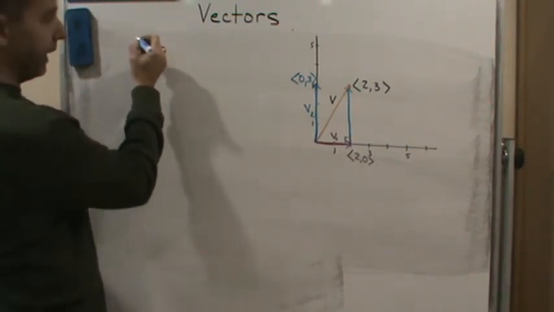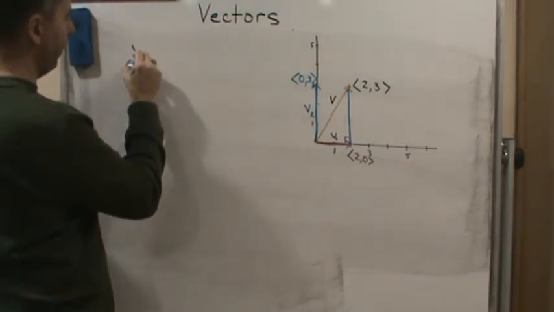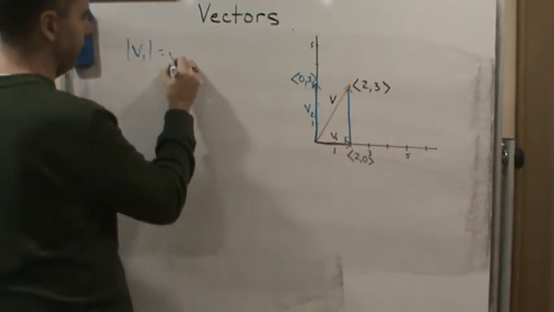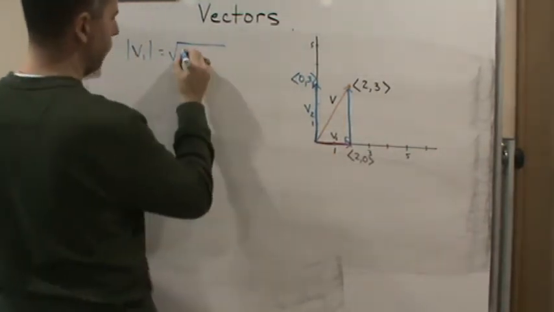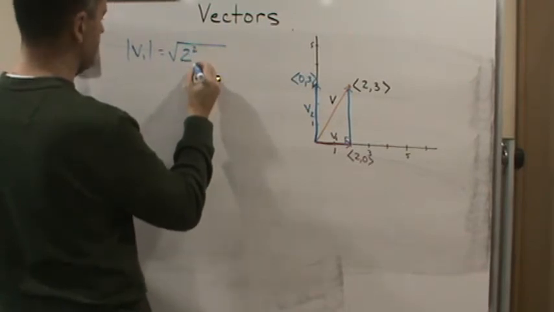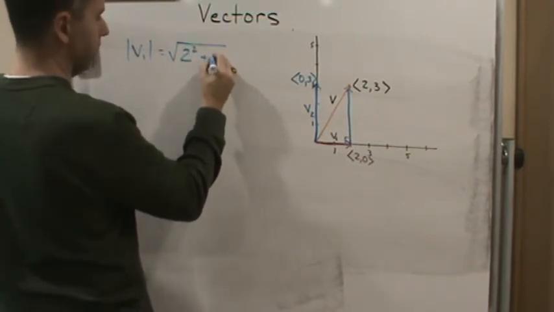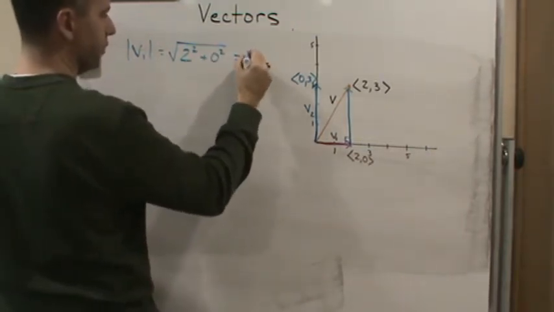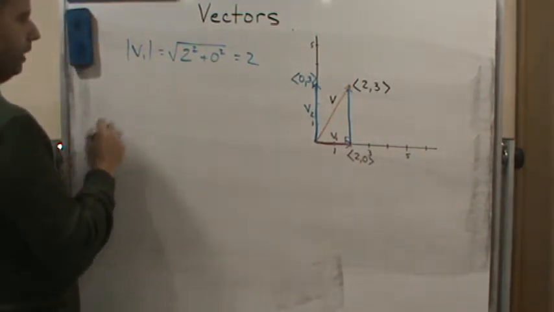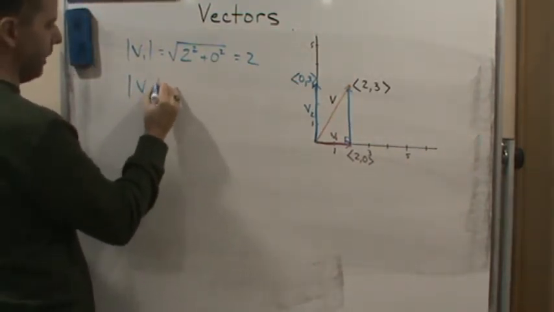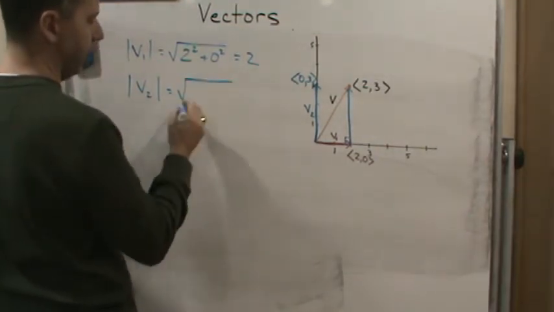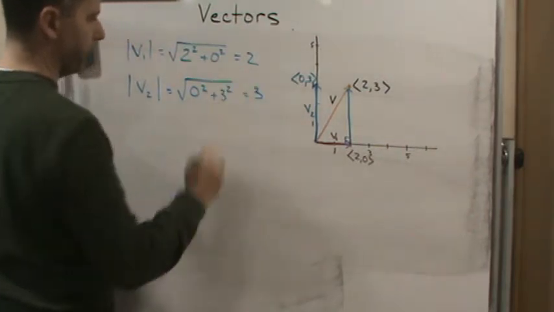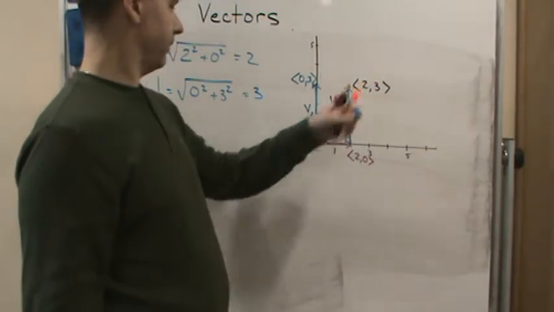The magnitude of V1 is equal to the square root of 2 squared plus 0 squared, which equals the square root of 4, which is 2. And the magnitude of V2 is the square root of 0 squared plus 3 squared, which equals 3.